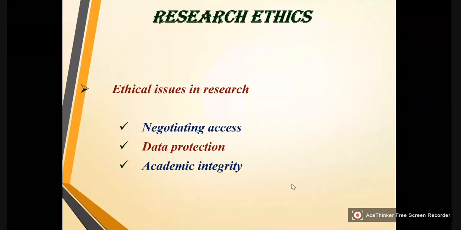So, what are ethics? Ethical issues in research are negotiating access, data protection, and academic integrity. That means you get access, that means an approach to get some information, and that you will be using it.